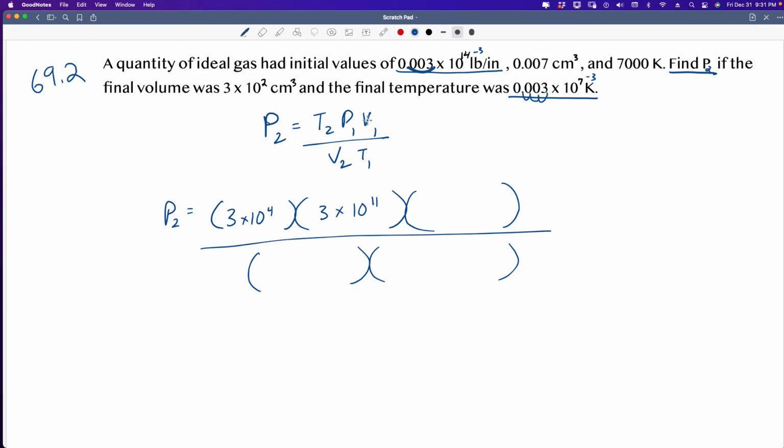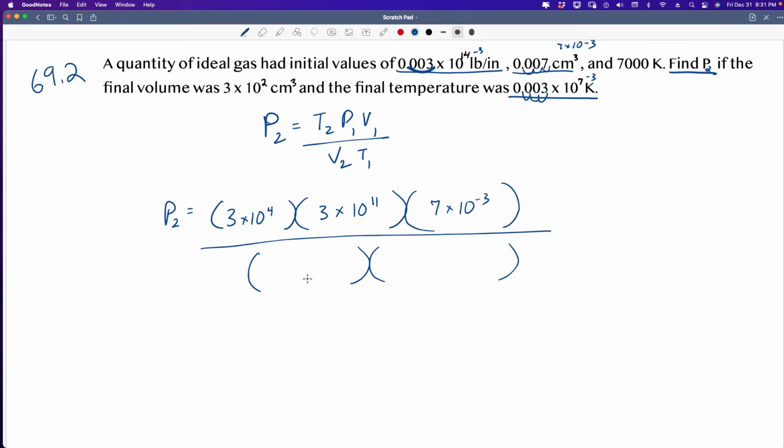All right, and then our original volume was this, because centimeters cubed, that cube is a volume. So I'm going to put this in scientific notation. So 1, 2, 3, that is going to be 7 times 10 to the negative 3.